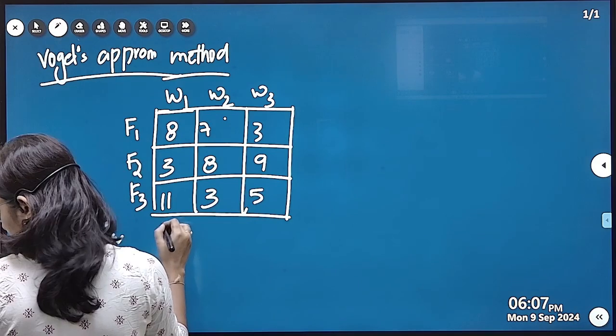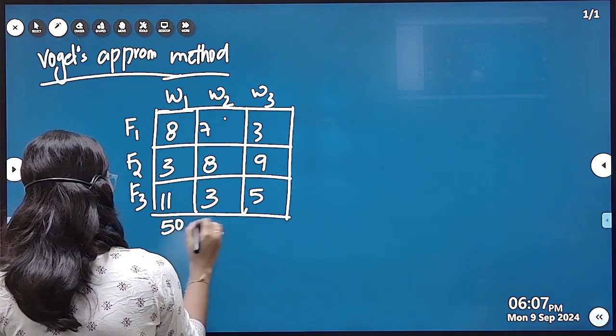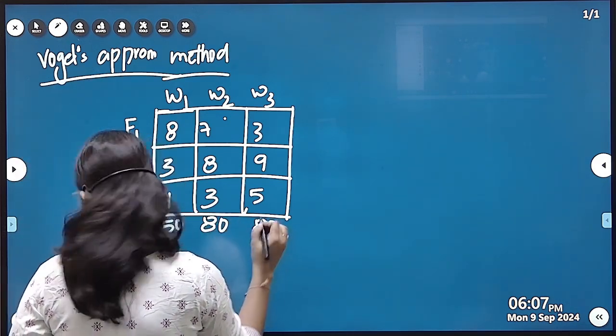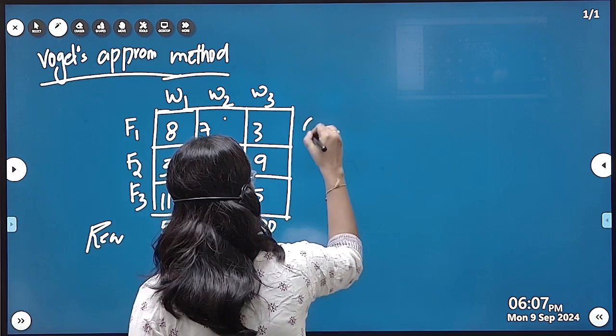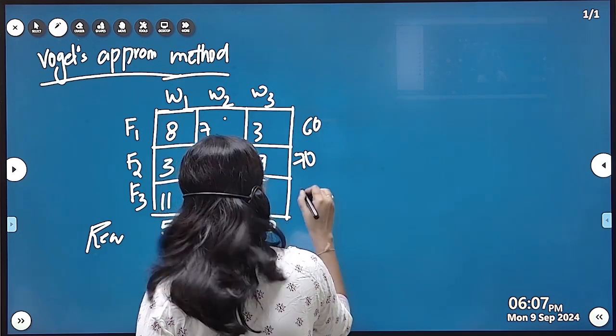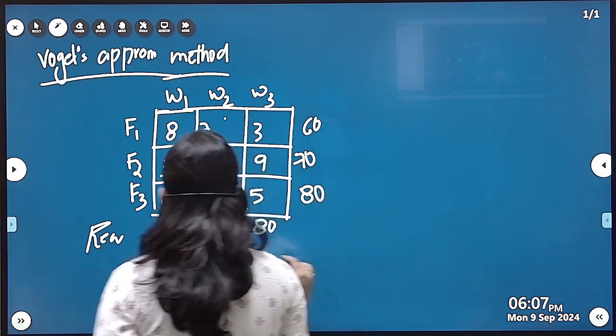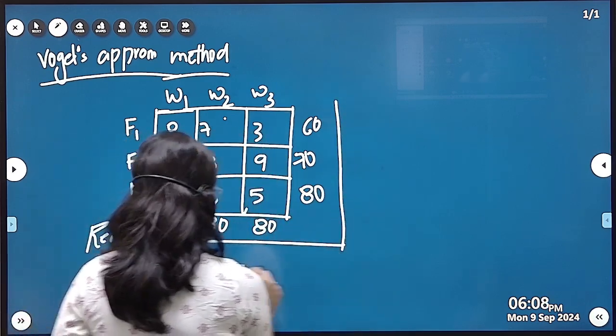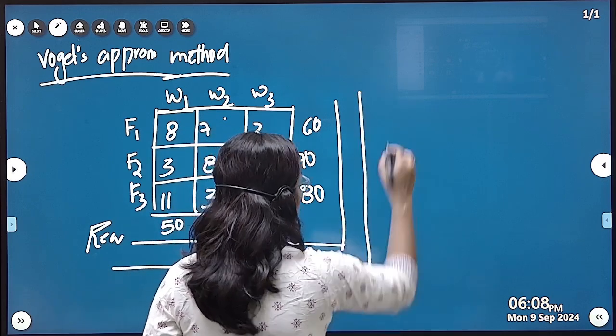So the requirement is 50, 80, 80, 60, 70. Online students still not joined. Why? Many students.